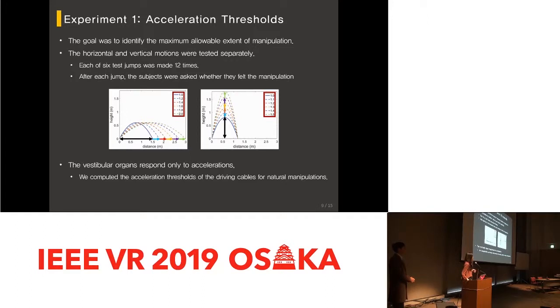Therefore, we computed the acceleration threshold for natural manipulation. Here, the acceleration thresholds are those that are applied to the driving cables. The horizontal and vertical thresholds that were identified turned out to be 1.37 meters per second squared and 1.69 meters per second squared, respectively.